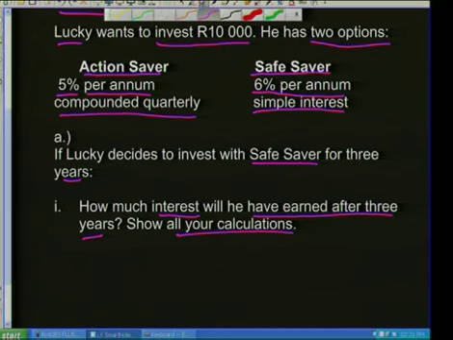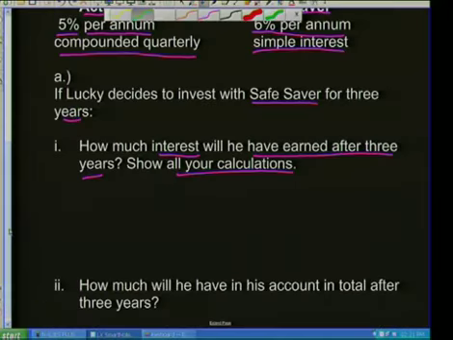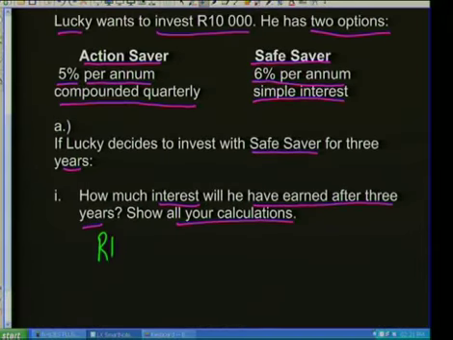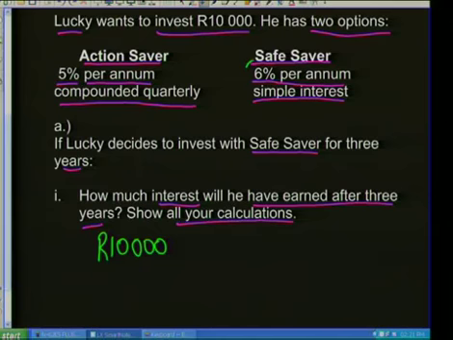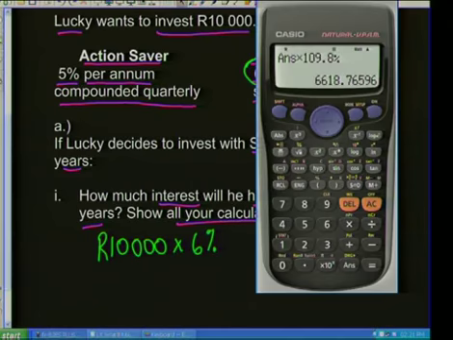Well, what we're going to do in this case is take the original amount that he had, the original 10,000 Rand, because we want to work out what interest he's going to earn every year. He's working at 6% per annum, so we're timesing that by 6%, and on our calculator, we're going to do that. So it was 10,000, and make sure that you type into your calculator correctly.